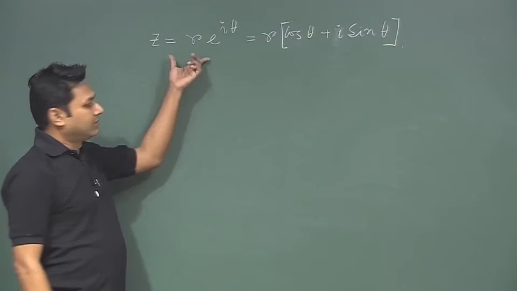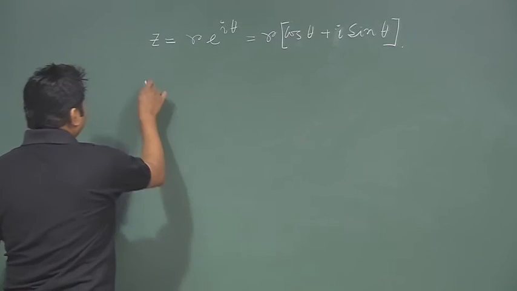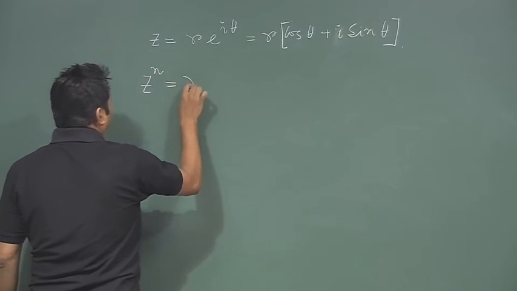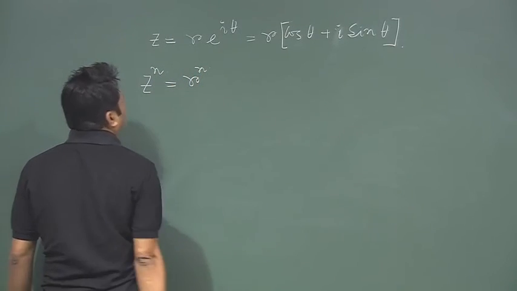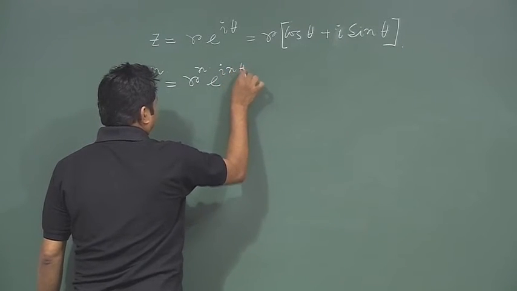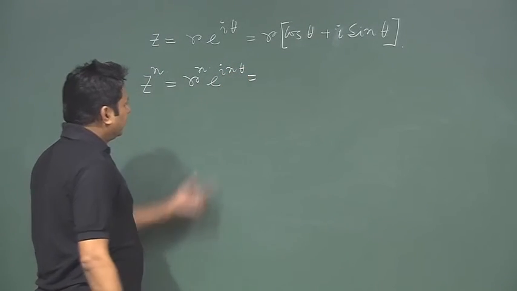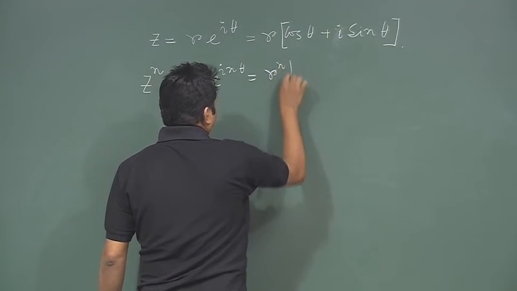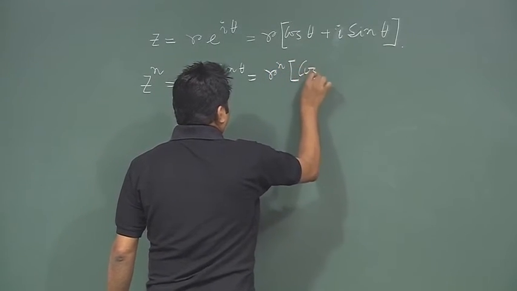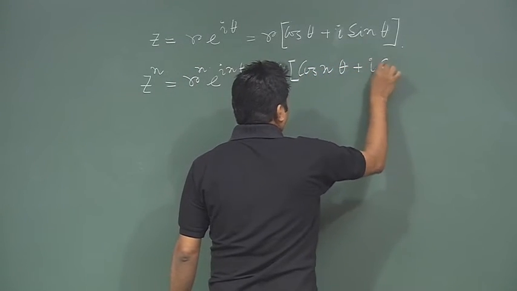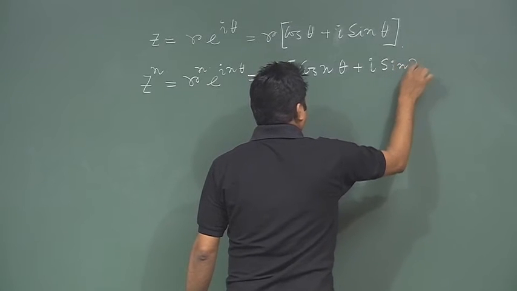Now, if I put z to the power n, which is obviously r to the power n e to the power i n theta, I can write this quantity as r to the power n cos of n theta plus i sin n theta.